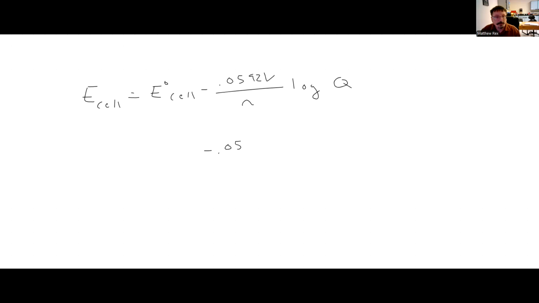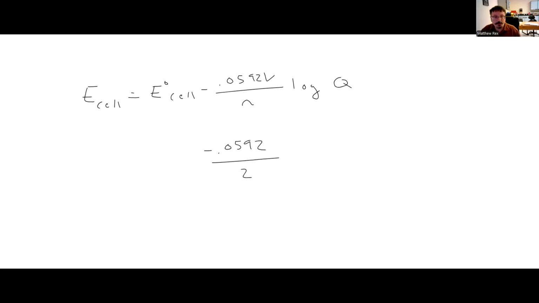Standard EMF per cell using the overall cell reaction below is 0.48. So what changes? Okay, so we're looking at E cell non-standard equals E cell standard minus 0.0592 V over n times the log of Q. We're going from zinc to zinc 2+ and nickel to nickel 2+, so our n is going to be 2.